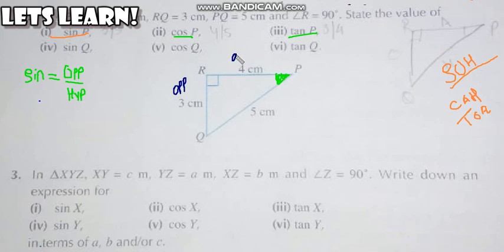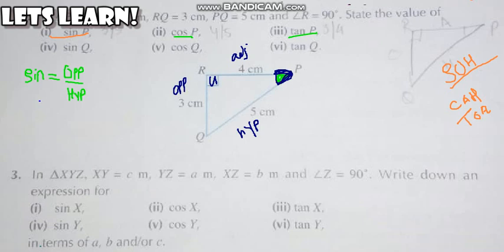So this is my adjacent side, and my hypotenuse is the side of the triangle which is just opposite to the right angle, or the longest side of my right angle triangle. So here I know the three sides now. According to angle P, I am repeating this thing again and again for a purpose. ये किसके मुताबिक है? It is according to angle P.